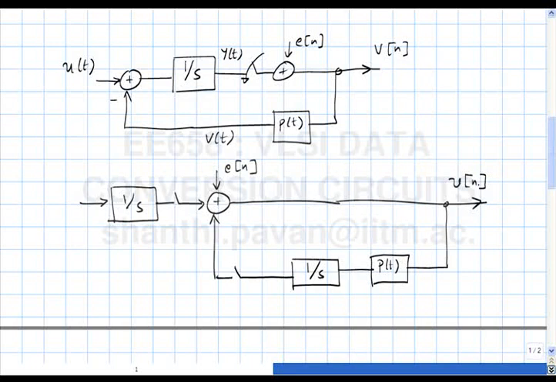Yes, so 1 by 1 plus L of Z is? It is 1. No, the hint is this is a first order delta sigma modulator. What is the transfer function from the quantization noise to the output?